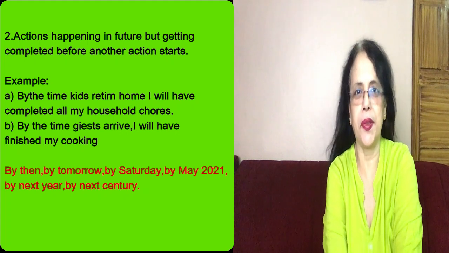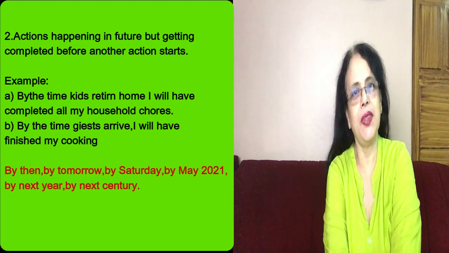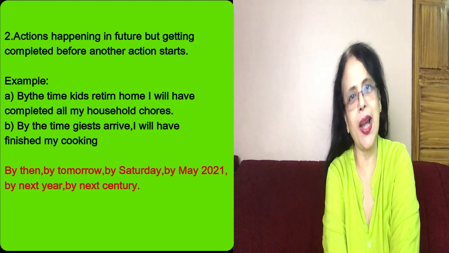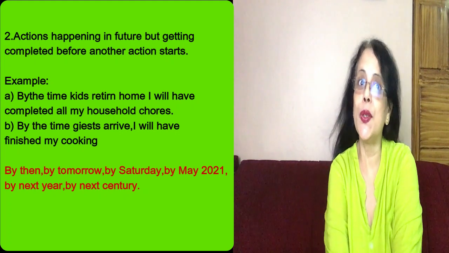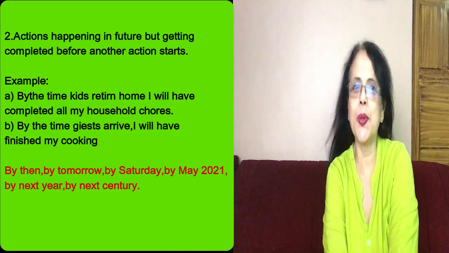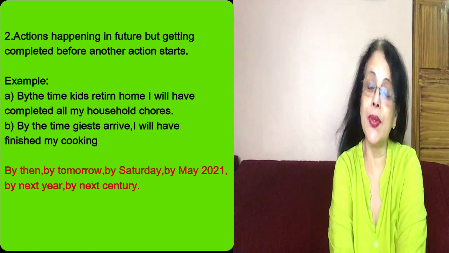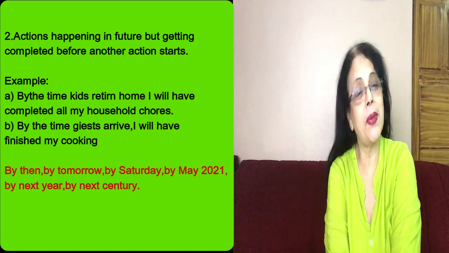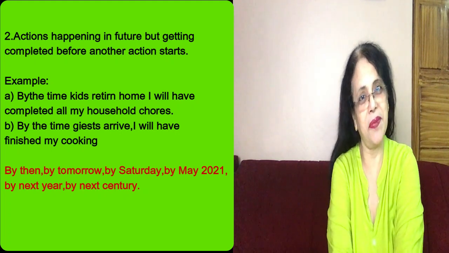And remember, there are some expressions which are often used while making sentences in future perfect tense. And what are those expressions? They are by then, by tomorrow, by Saturday, by May 2021, by next year, by next century.